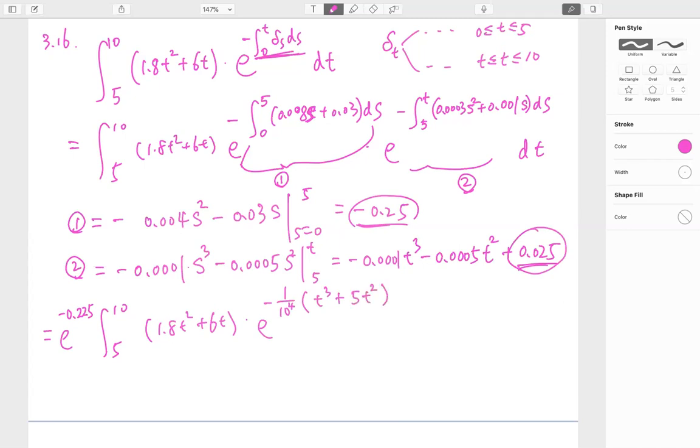Okay, this looks better. So we did one of these questions in the lectures, right? This is cubic plus square. Here is square plus t. So right, we just need to use something to replace this, right? Then we can see du equals negative 1 over 10 to the fourth times 6t squared plus 10t.